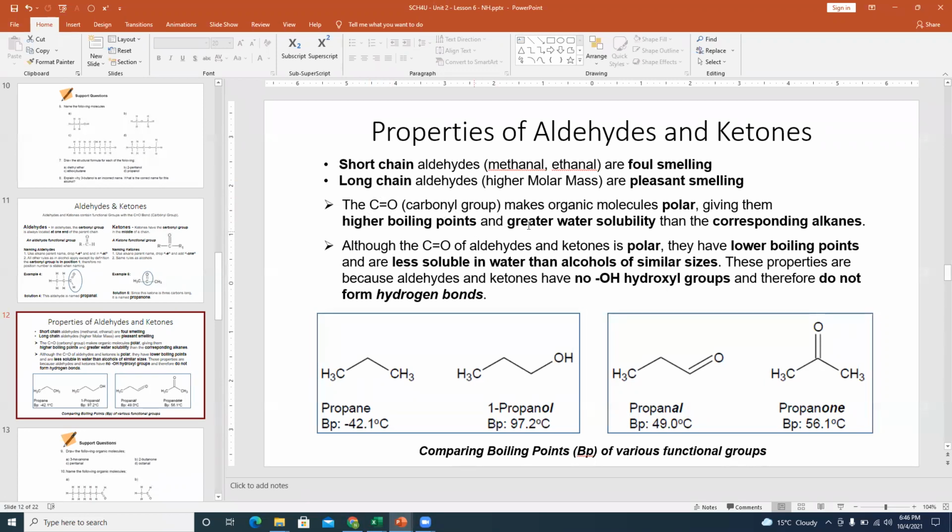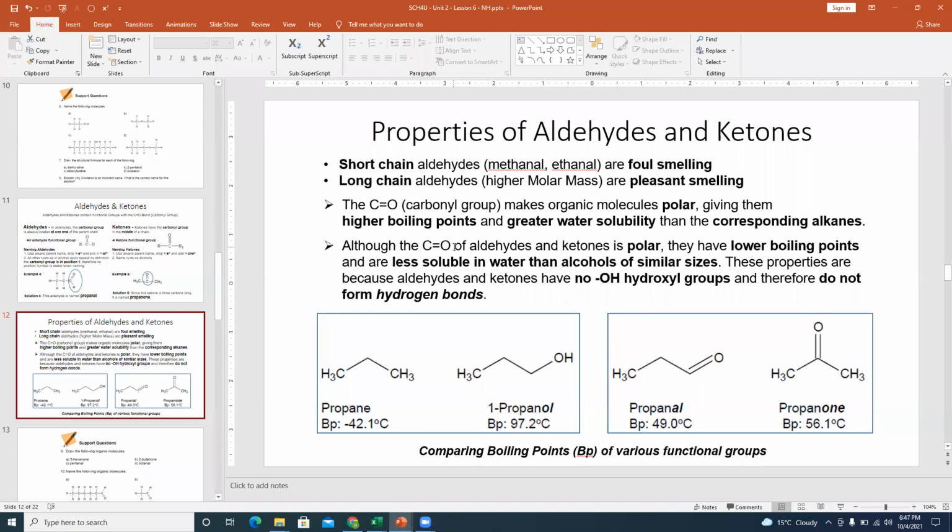So the aldehydes are more soluble than the alkanes and have higher boiling points. And although this carbonyl group that we have in aldehydes and ketones is polar, they have lower boiling points and are less soluble in water compared to alcohols of similar size.